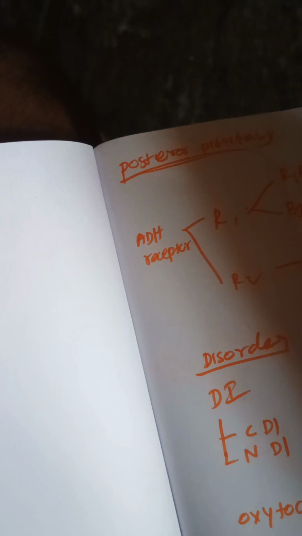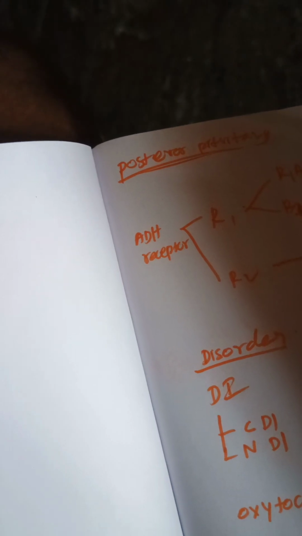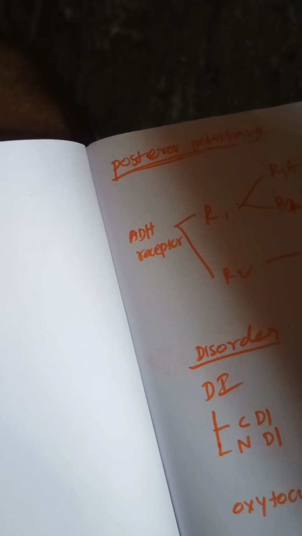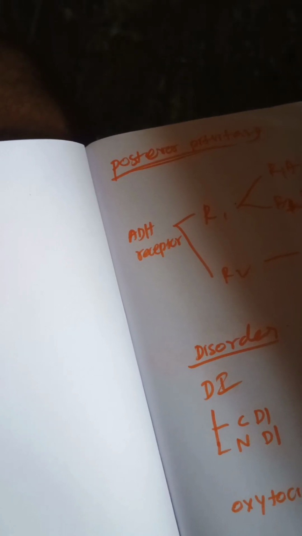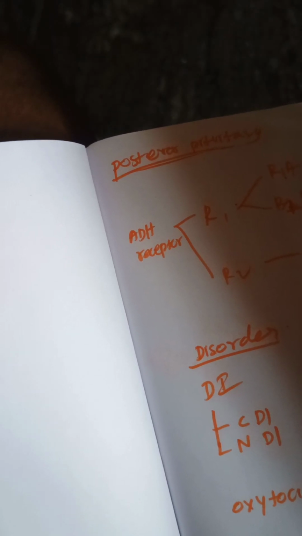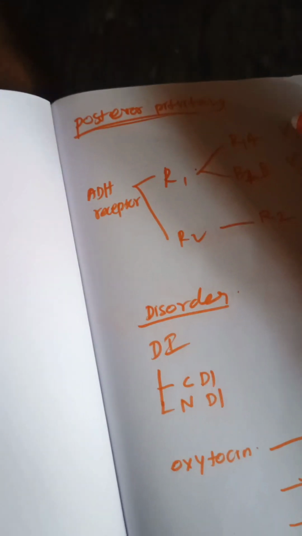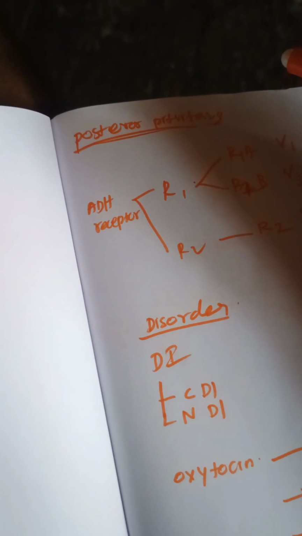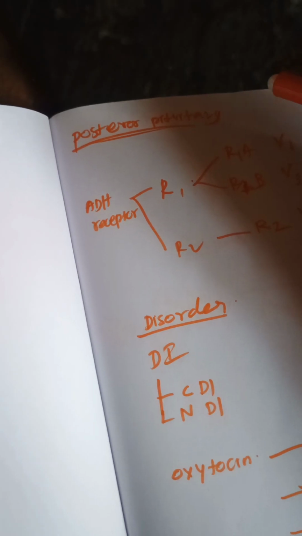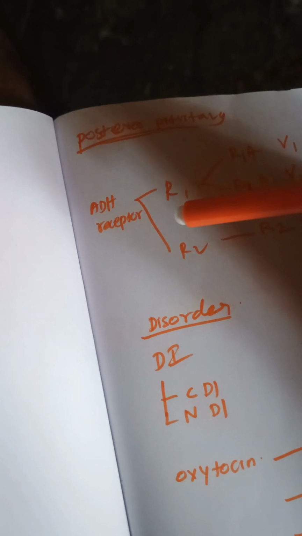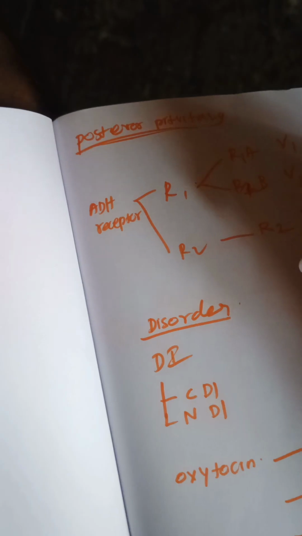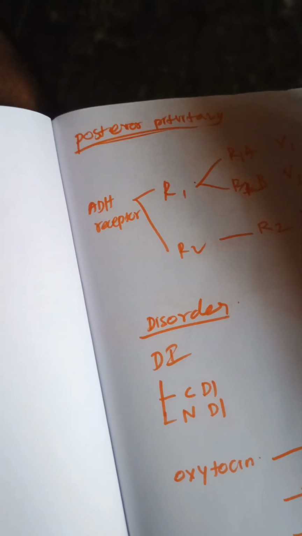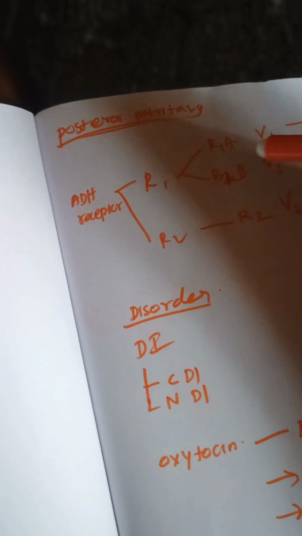The cell body is in the hypothalamus, and secretion happens through the posterior pituitary. The neurons in the hypothalamus produce ADH and oxytocin hormones, and they are secreted through the posterior pituitary. That's it, and so it is called the neurohypophysis.